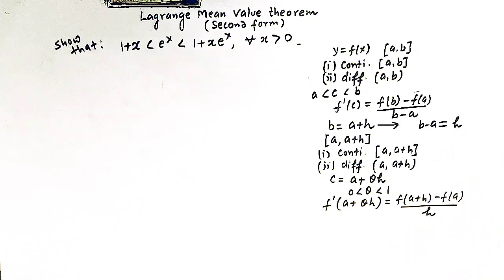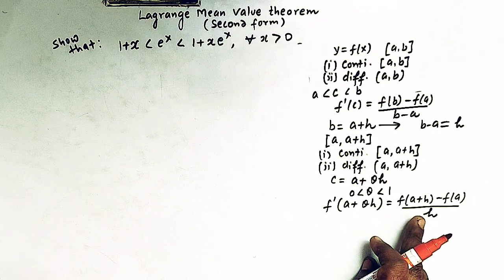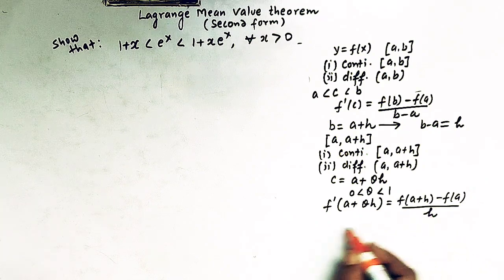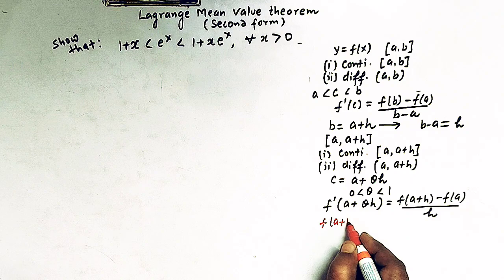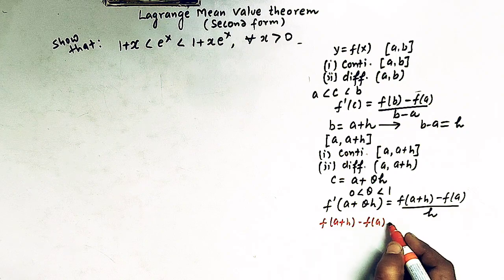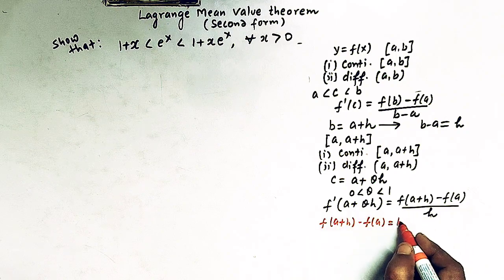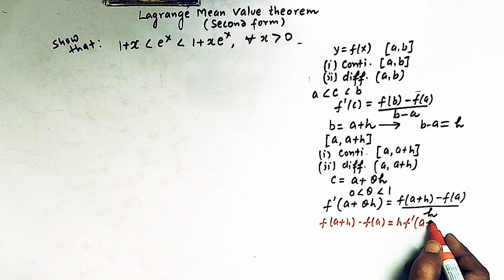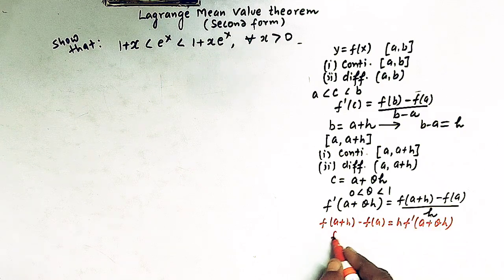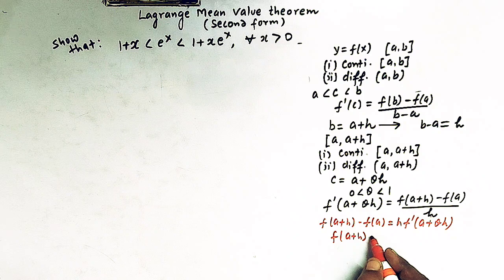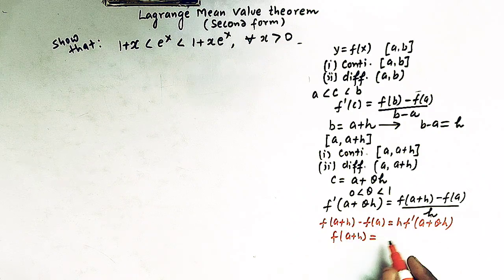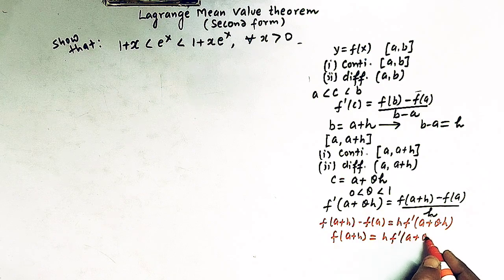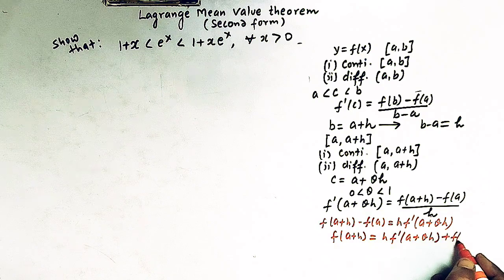So we can write f of a plus h minus f of a is equal to h times f prime of a plus theta h, and taking f of a to the right hand side, f of a plus h is equal to h times f prime of a plus theta h plus f of a.